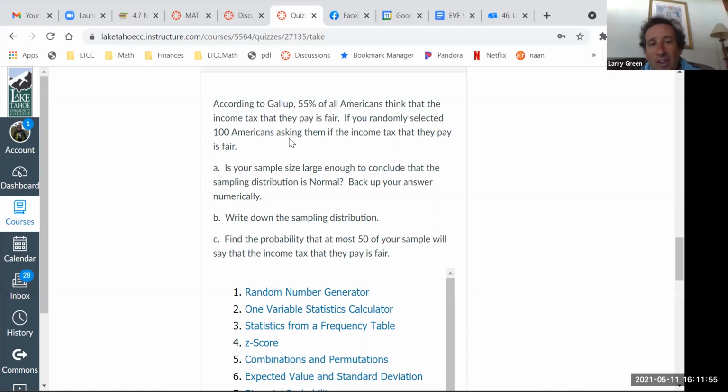Okay, so notice no one is saying numbers. This is a yes or no question. It's not a quantitative question. When we have yes, no questions, what is the key information you need to show that the sample size is big enough?